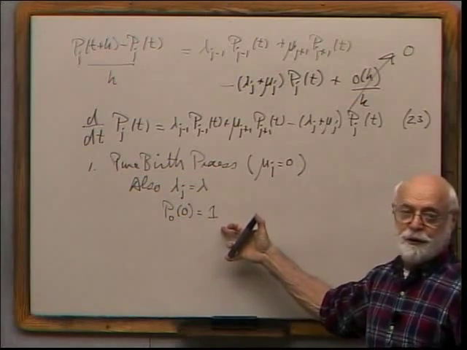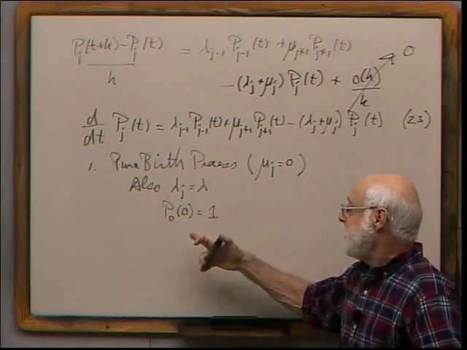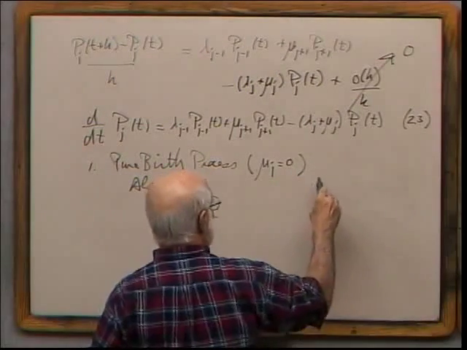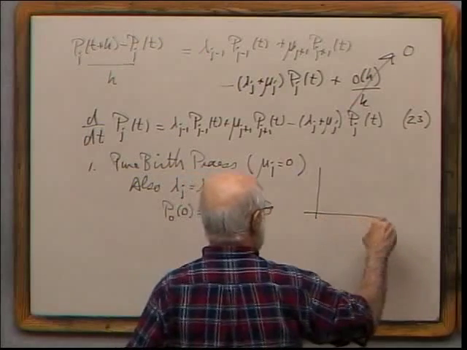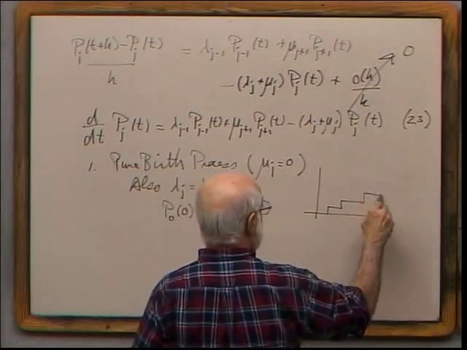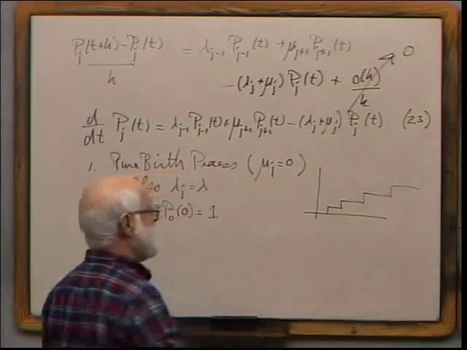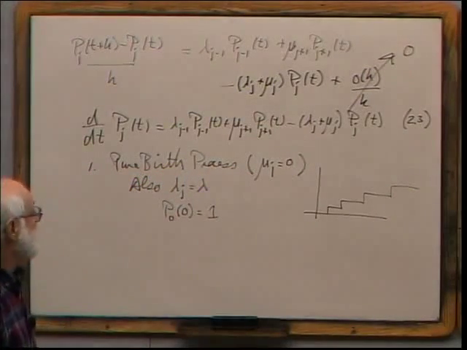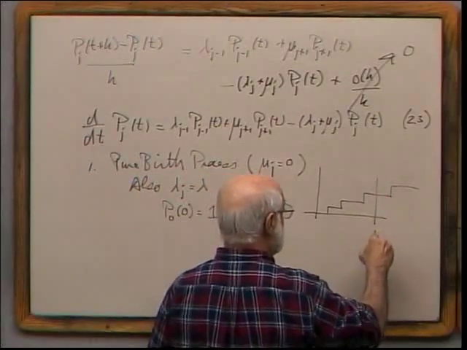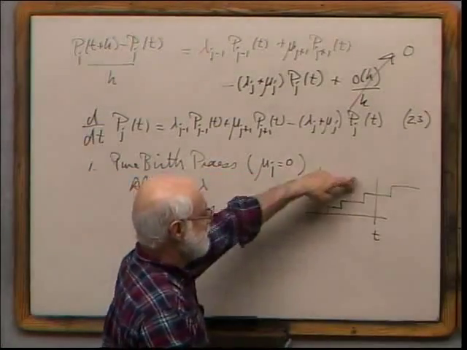That's the same thing as saying that I start out in state 0. So I'm going to get a picture that looks like this: I'm in state 0, then I get a birth, then another birth, then another birth, and so forth, and the thing just keeps on rising like that. What I want to know is, what's the probability that at time t, I'm exactly at level j?